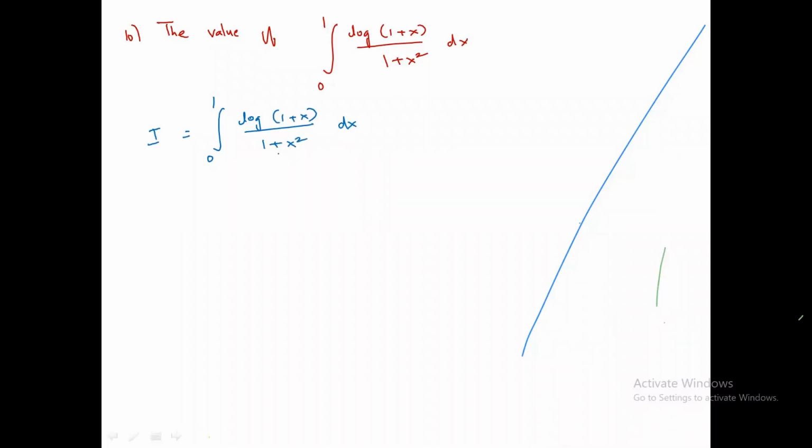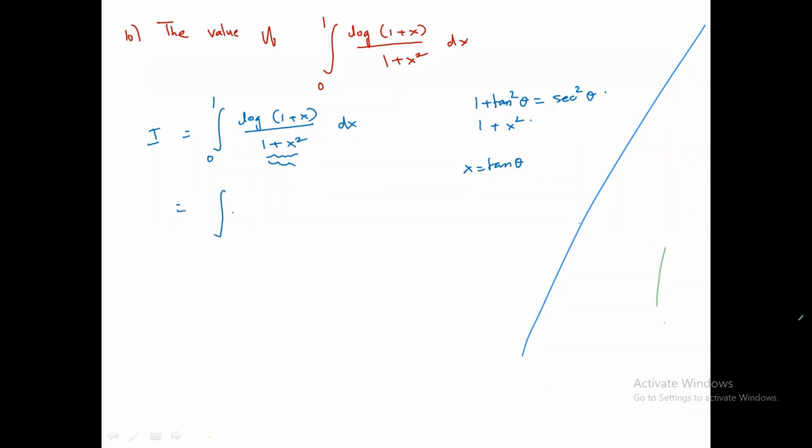Looking at this 1 plus x square, I got the idea. Why not use the trigonometric formula 1 plus tan square theta equal to secant square theta? Because 1 plus x square looks like 1 plus tan square. That means I can take x as tan theta.